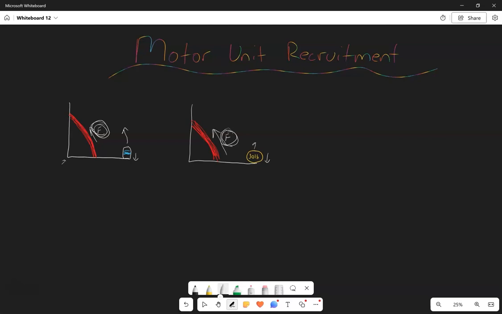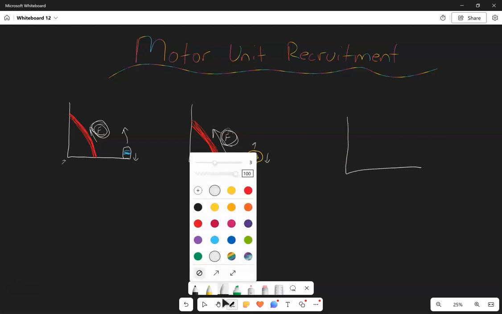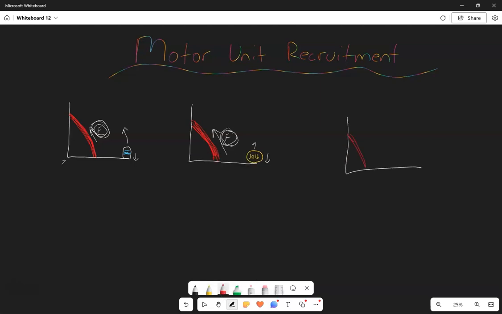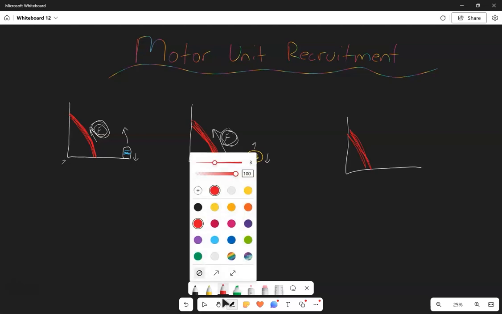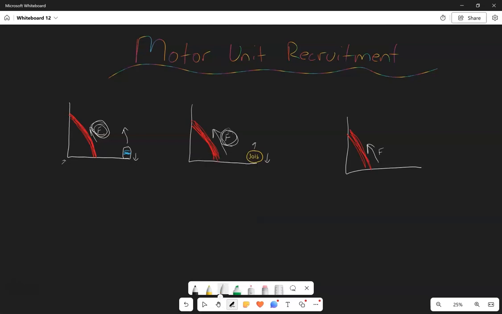So I can't use the same amount of force for each and every muscle contraction that I do. Because of that, we have to be able to control the amount of force that we put on that muscle or that joint.